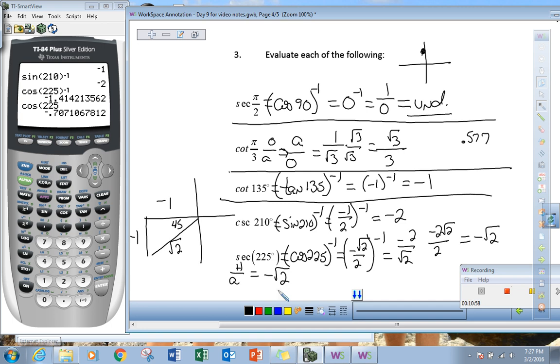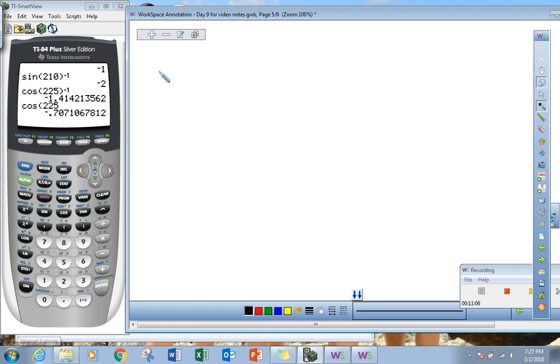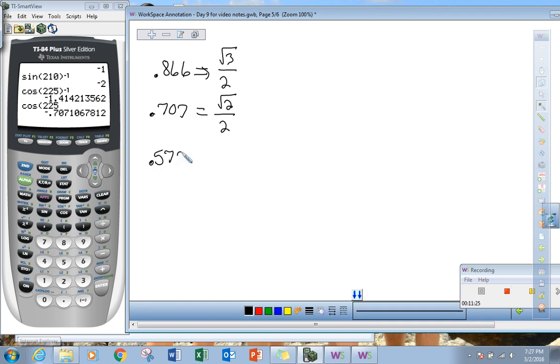I'm hoping that you start recognizing some decimals. Some main decimals that you need to start recognizing. If you see 0.866, that's going to be radical 3 over 2. If you see 0.707, that's going to be radical 2 over 2. A number that doesn't show up very often, but it will every now and then, 0.577 is radical 3 over 3.